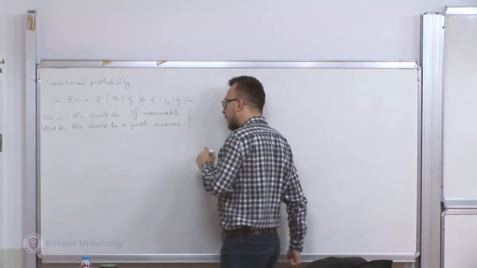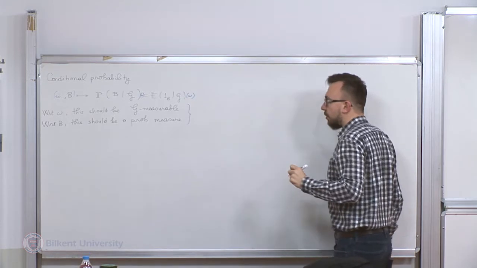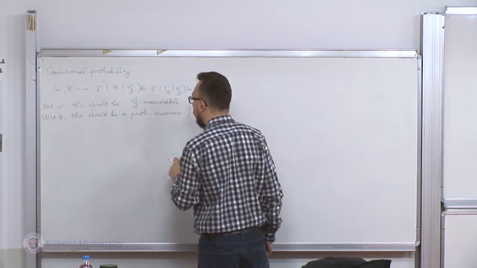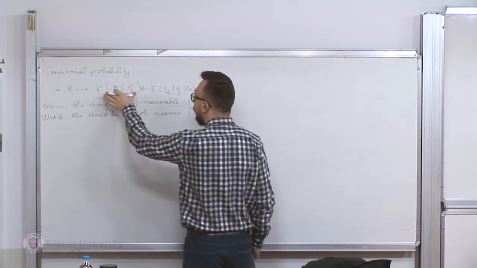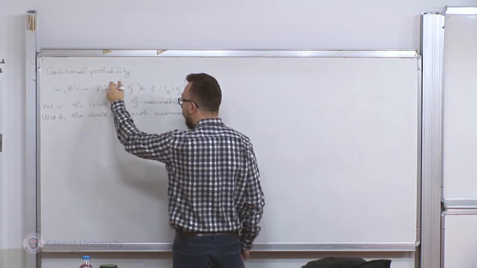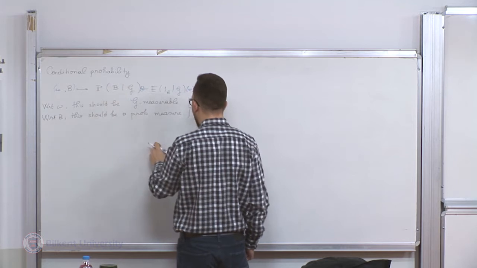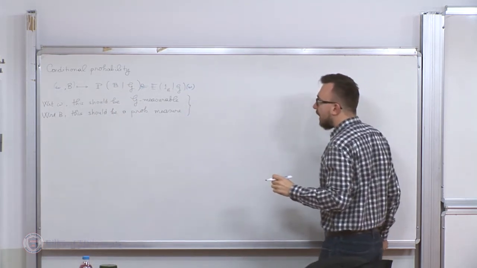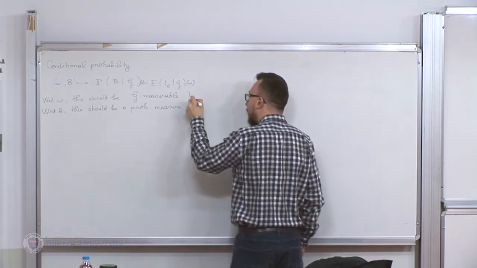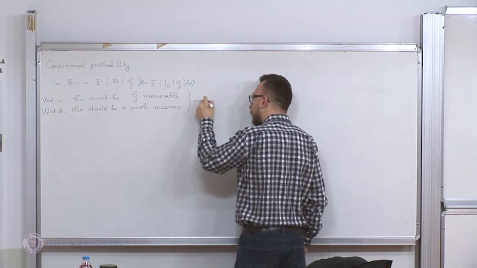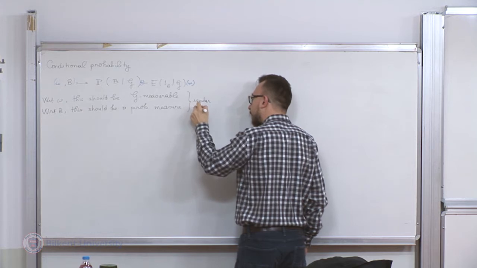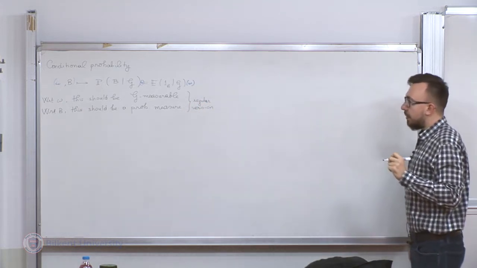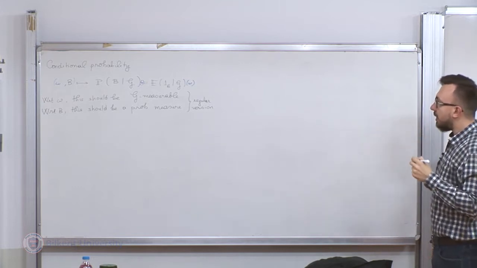And as we discussed last time, there are issues with the G measurability of this when you pick one version of this conditional probability for every B. If you do it arbitrarily, you can have some issues. But if you have a regular version, it satisfies these properties.